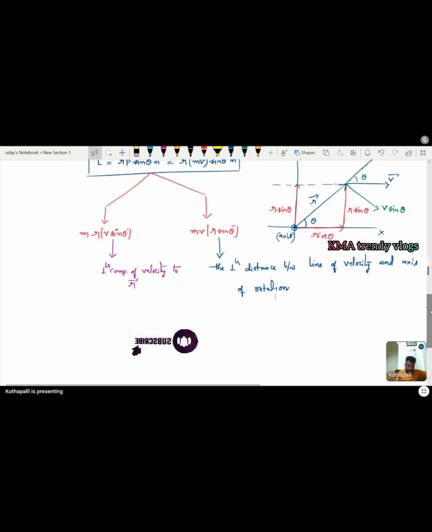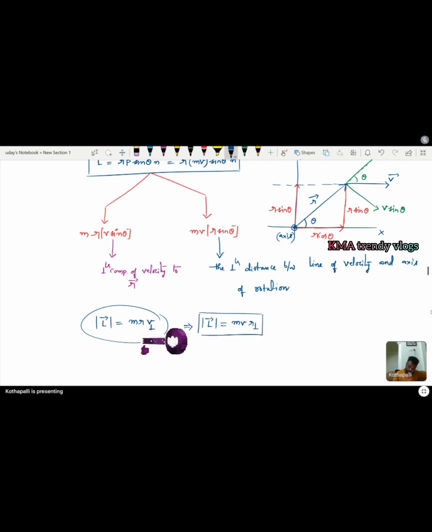So the final conclusion: the L vector's magnitude is m v perpendicular, it's a perpendicular component, right? Or we can also write the L magnitude as m v r perpendicular. V perpendicular means the perpendicular component of velocity to the position vector. R perpendicular means the perpendicular distance between the line of velocity and the axis of rotation.